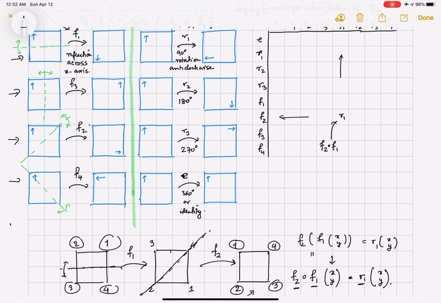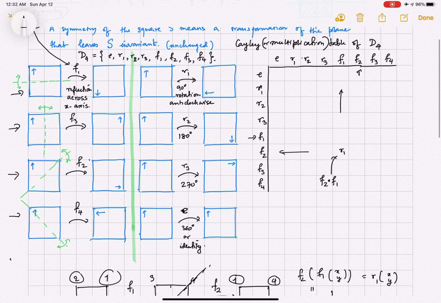Similarly here, what goes in this entry is what happens when you apply F1 and then F2. Oops, I'm sorry.